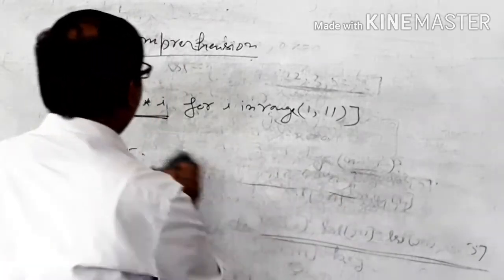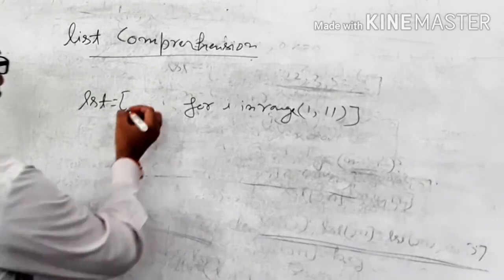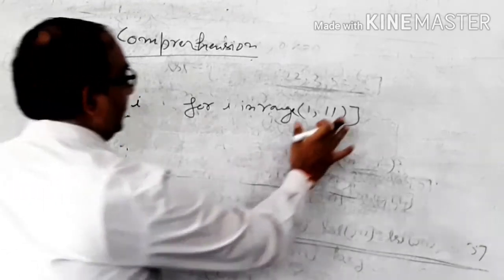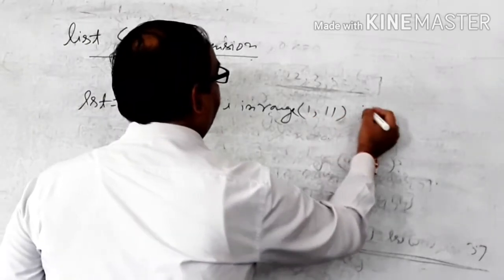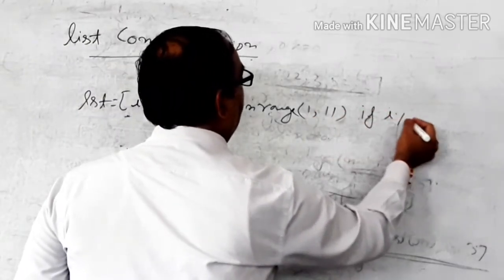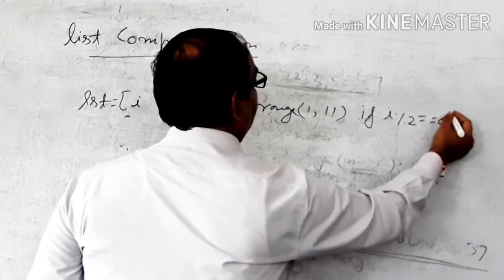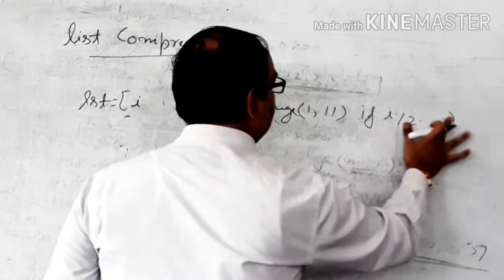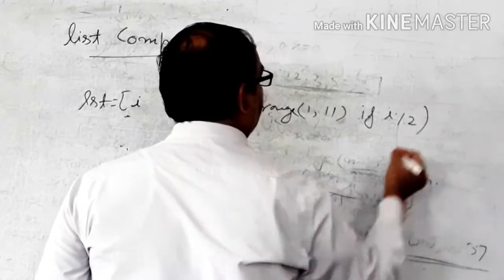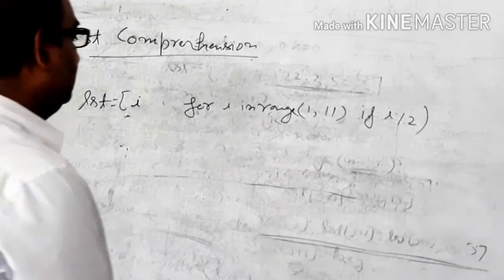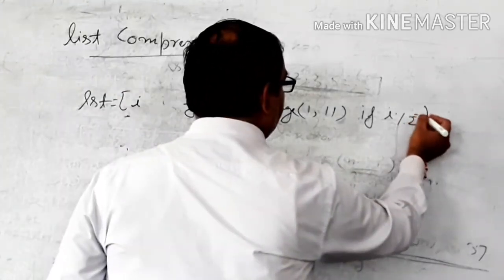You can also add an if condition with this list. For example, the same thing we can follow here. If you want to print the even numbers, you can print here the I, and you can put here if I modulus 2 double equal to 0, for the comparison.